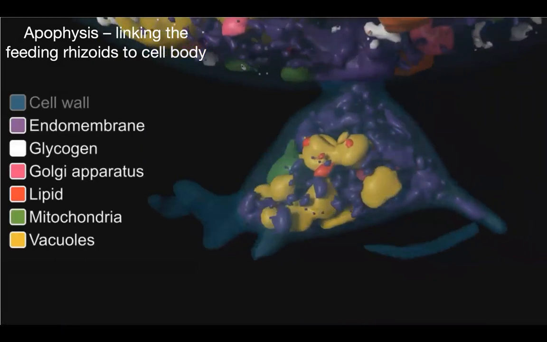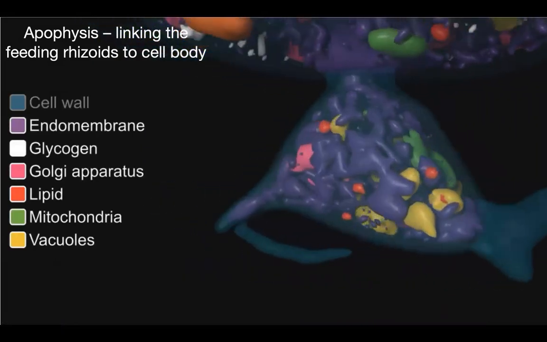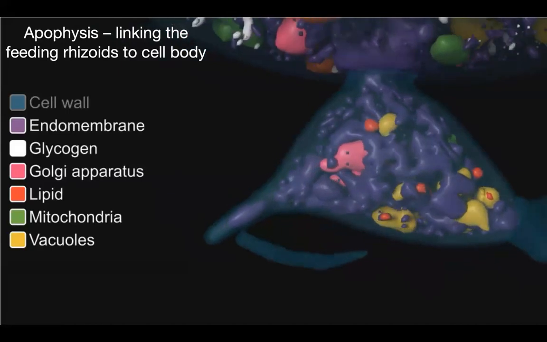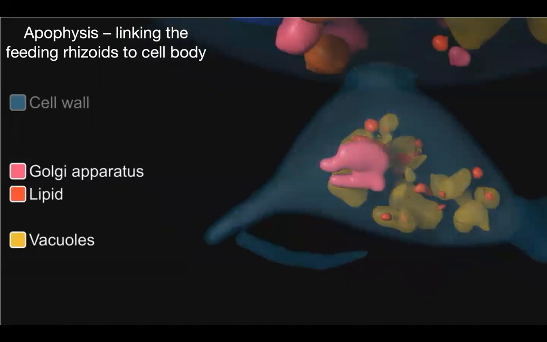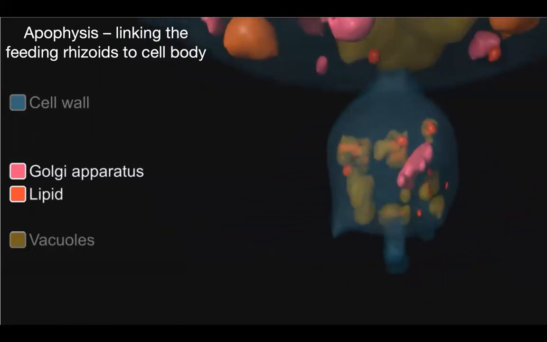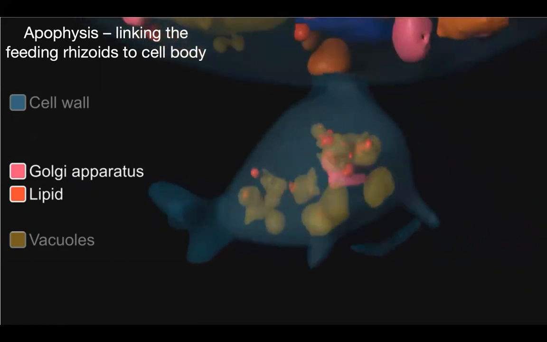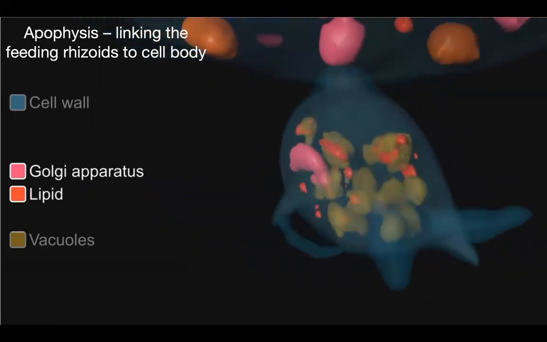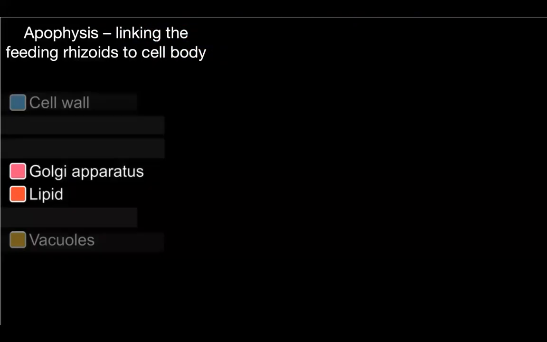So a really high proportion of endomembrane in the apophysis compared to the sporangium. And what we think is happening in this apophysis is that it's basically a junction between the feeding rhizoids and the reproductive sporangium. And this endomembrane is how the chytrid is trafficking material that comes from the rhizoid into the cell.